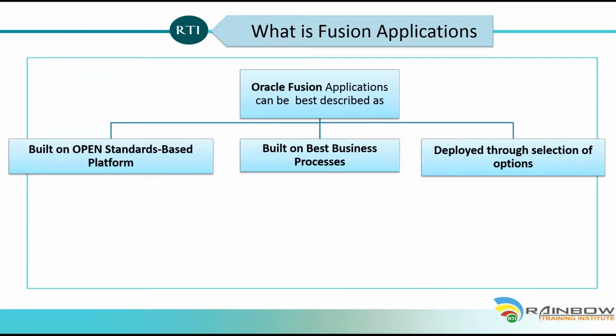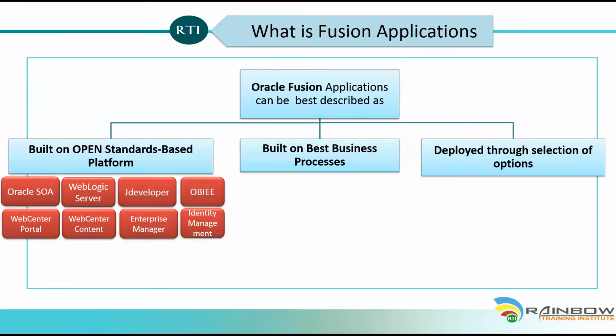It means the technology platform of Oracle Fusion is based on industry standard technical components like Oracle WebLogic Server, Oracle Service Oriented Architecture, JDeveloper, OBIEE (Oracle Business Intelligence Enterprise Edition), WebCenter Portal, WebCenter Content, Enterprise Manager, and Identity Management. Based on these components, Oracle Fusion applications are built.